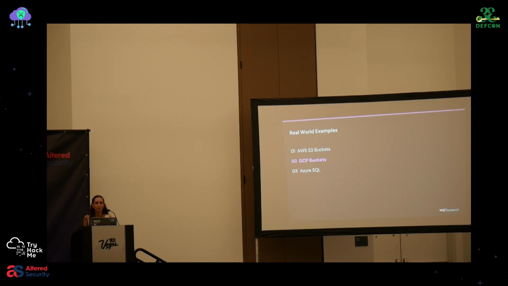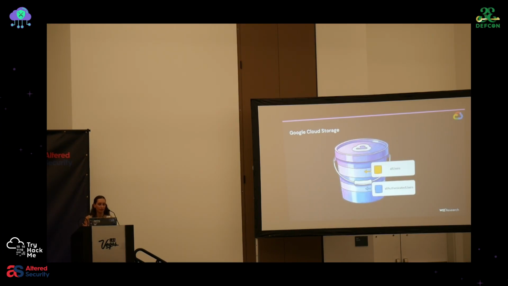Thanks. So you might think now, okay, this is kind of a weird convention in AWS policies. But actually, it also happens in GCP. So we'll see now how it works here in Google Cloud Storage.